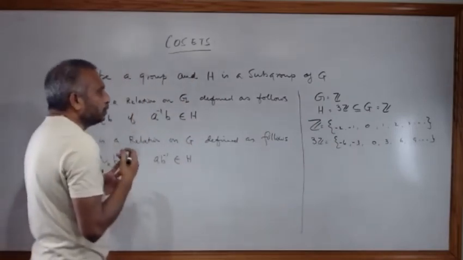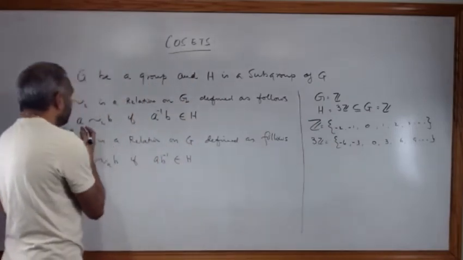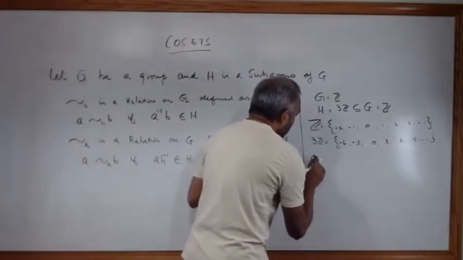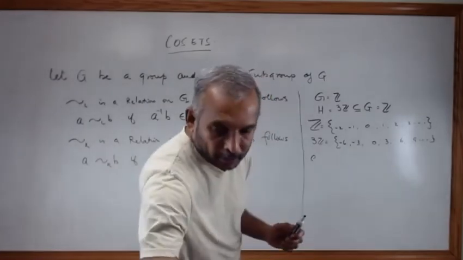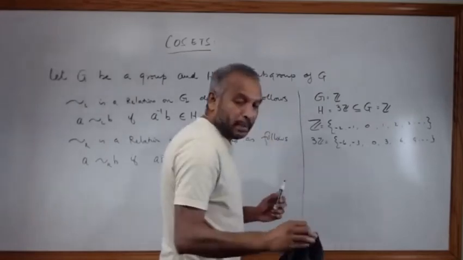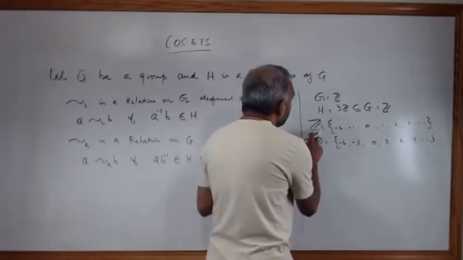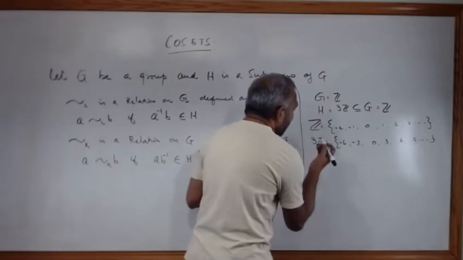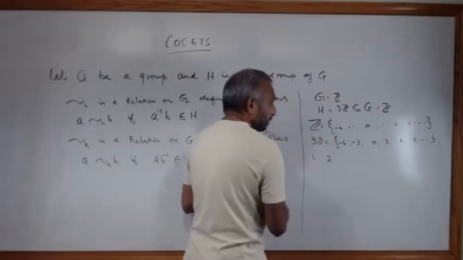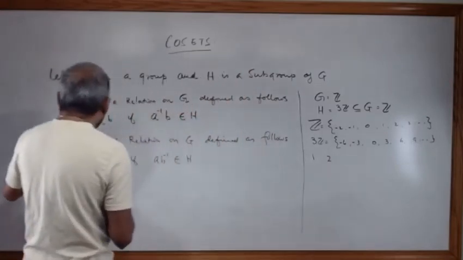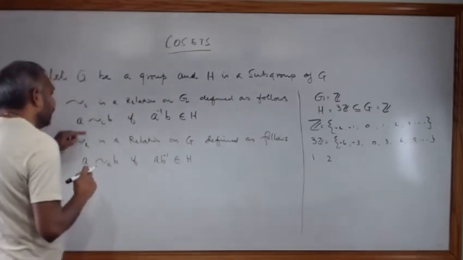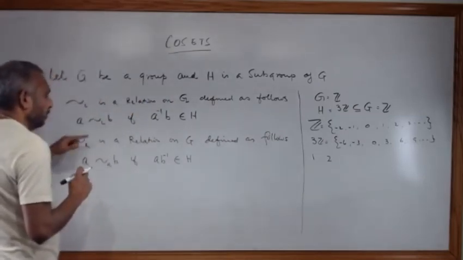So let us take two elements, whether they are related or not. Let us take 1 and 2. See whether these are related. This is an abelian group, so we don't need to do both. We can take one of them.